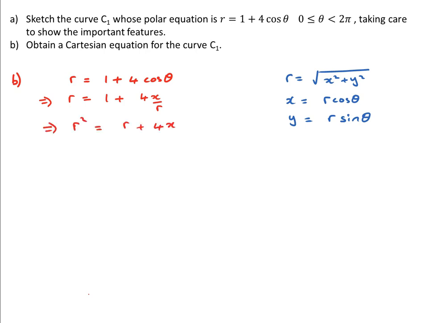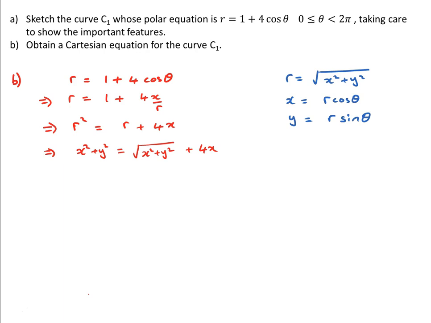So we've got r squared equals r plus 4x. We know that r squared is x squared plus y squared. We know that r is the square root of x squared plus y squared. So we've now got our first Cartesian form for the curve. We can tidy this up a little bit.